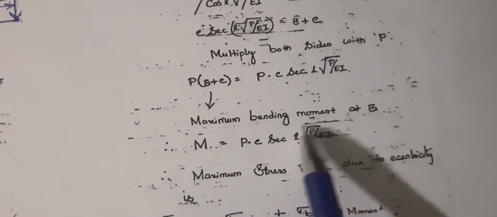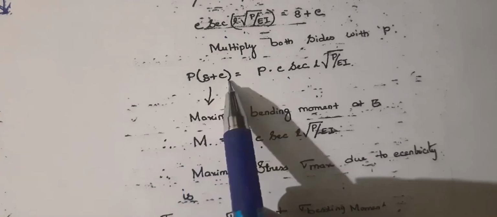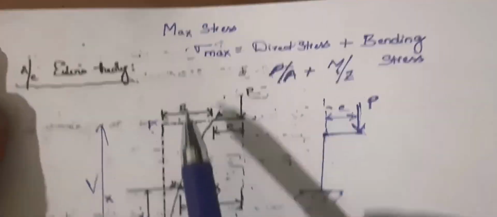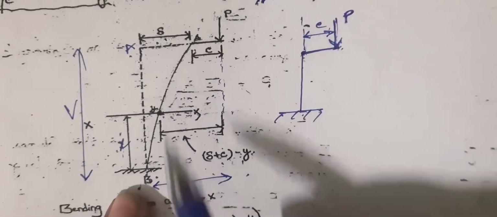So what is the maximum bending stress at B? Maximum bending stress at B is M equals P into E. See here, what is the bending moment at B? What is this distance? Delta plus E, right?